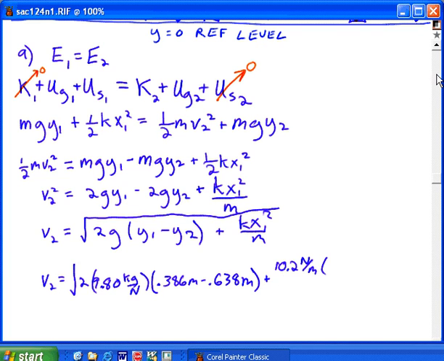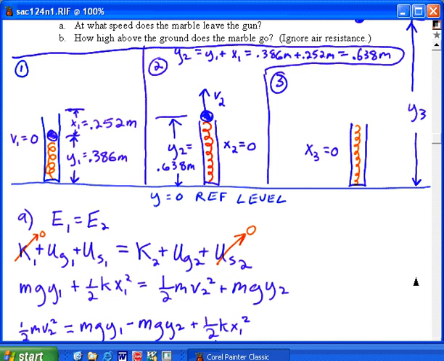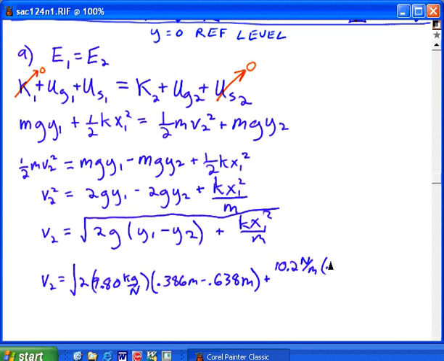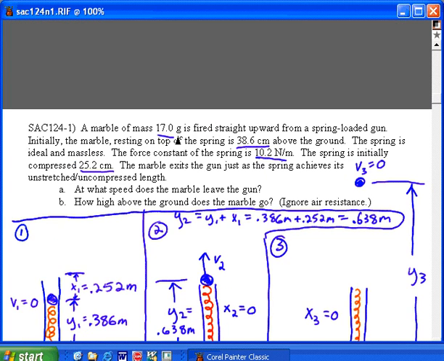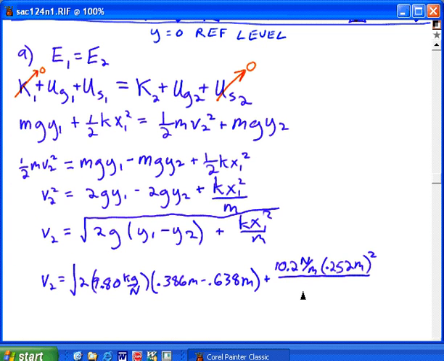Times the amount of compression in picture number 1, that's the 0.252 meters. And that's going to be squared. All divided by the mass of the marble, given up here as 17.0 grams, or 0.0170 kilograms.